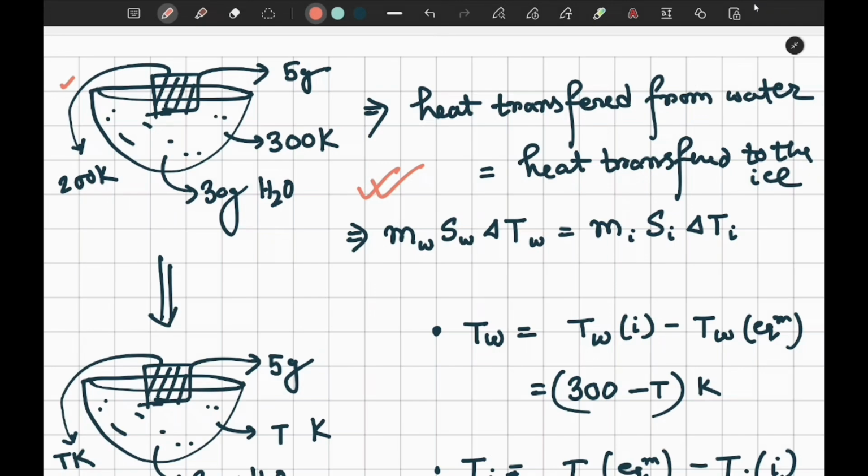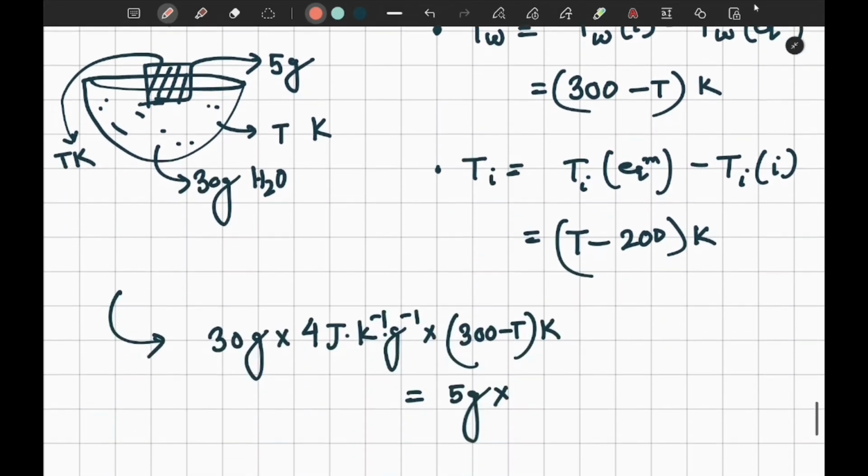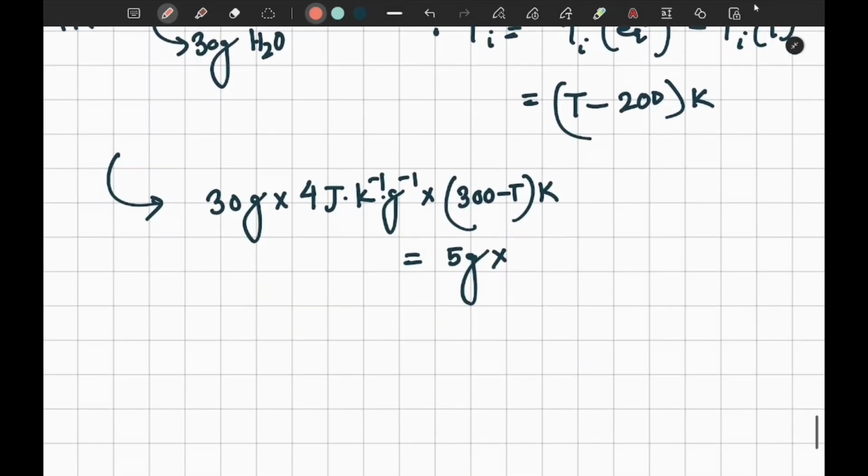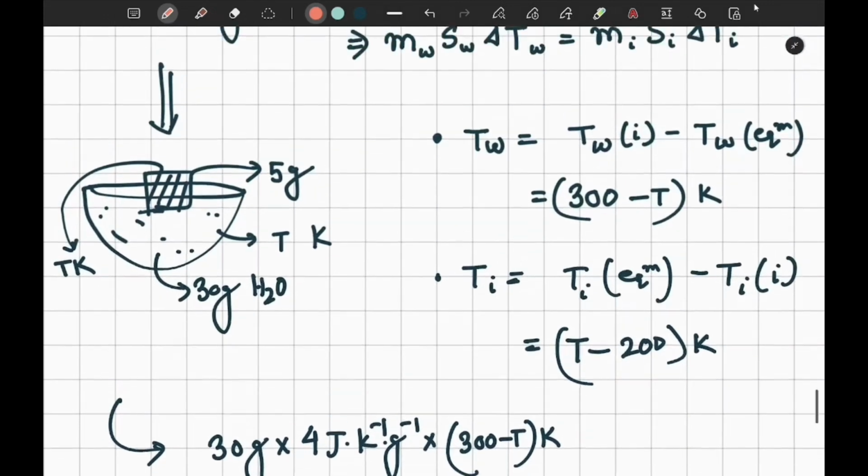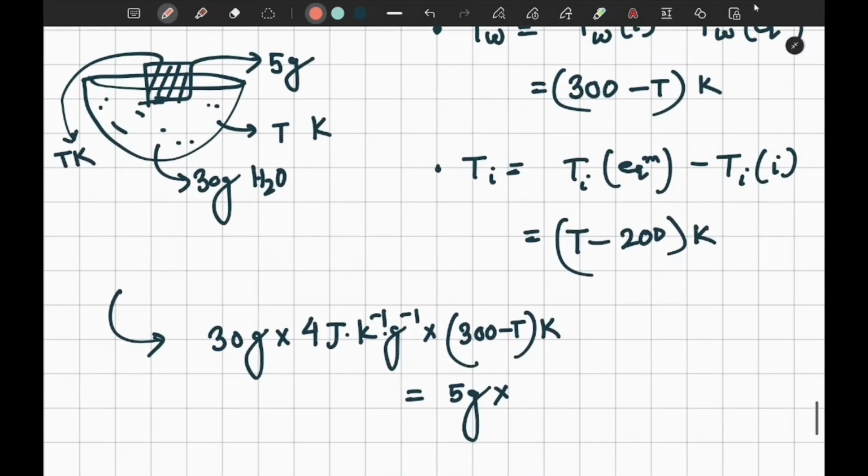So first you have to consider that the temperature of the ice will increase. Before that, let's say the ice is not changing its state.